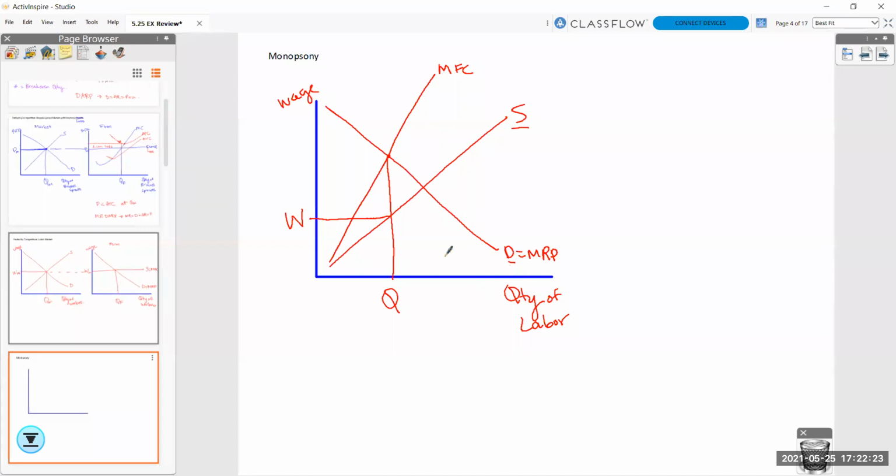This was on your MRP FRQ, and it is a very simple explanation as to why the monopsonist pays a lower wage. It's because the marginal factor cost is above the supply curve, you can call it the wage curve. Sometimes this is called a wage curve.